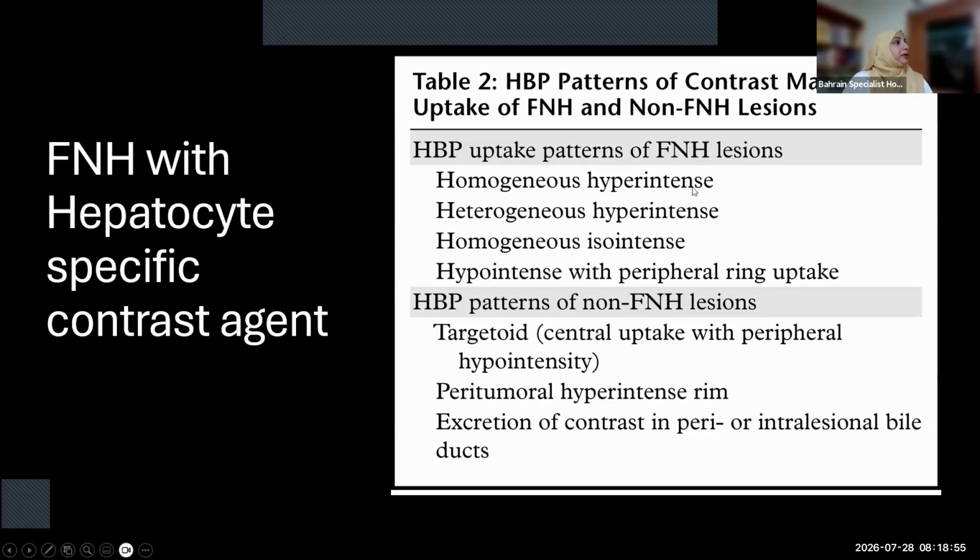It appears mostly bright on the hepatobiliary phase, which is 20 minutes after the giving of IV contrast, while the non-FNH lesions, although they may take up some of the contrast, usually show central uptake with the periphery being spared. However, the FNH has a specific enhancement pattern, and all the lesions which brighten up with this hepatocyte-specific contrast agent in the hepatobiliary phase can be confidently labeled as FNH in the usual settings.